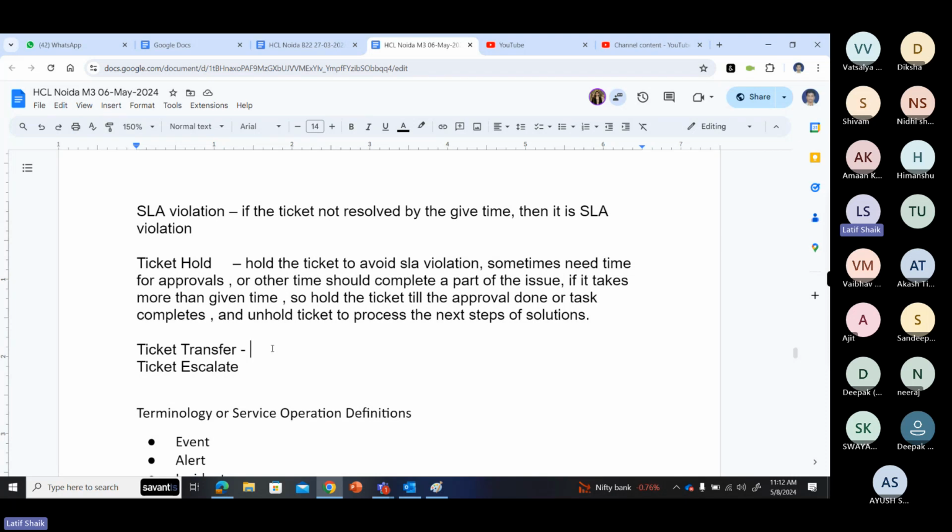But if the other team is busy with other work, that is not your part. You cannot go to the server and change something. You are waiting for approval or for another team to complete the task, which is not in your hand, so you have to hold the ticket.